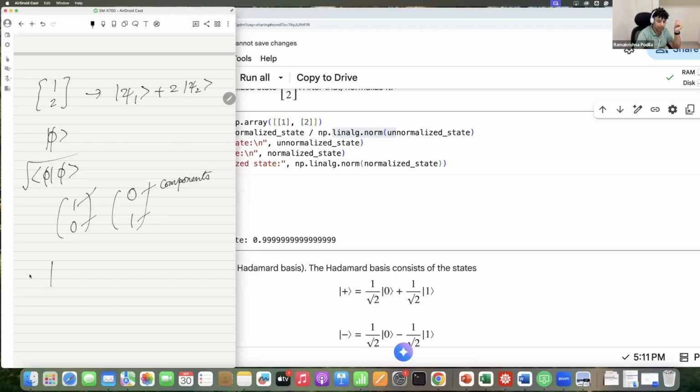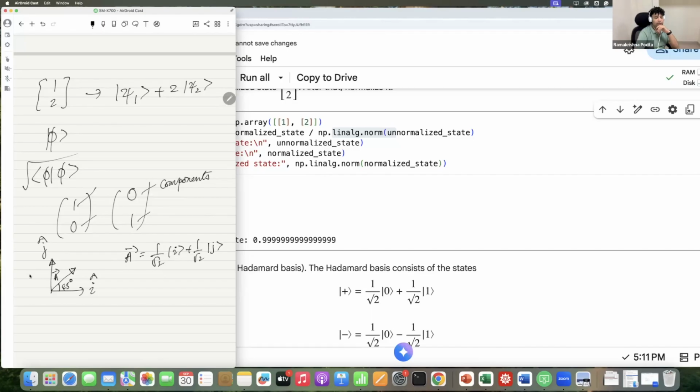For example, if I have a two-dimensional vector with the normal basis vectors i and j, let us say I have some vector A which is at 45 degrees. Then I can write this vector A as 1 over square root 2 i plus 1 over square root 2 j.